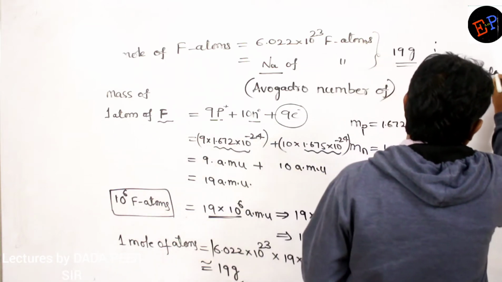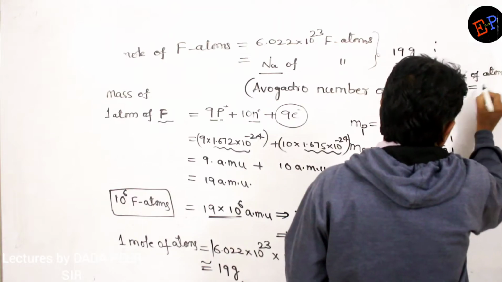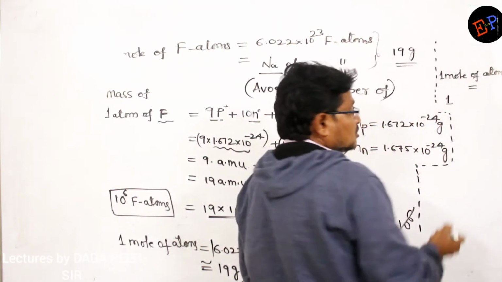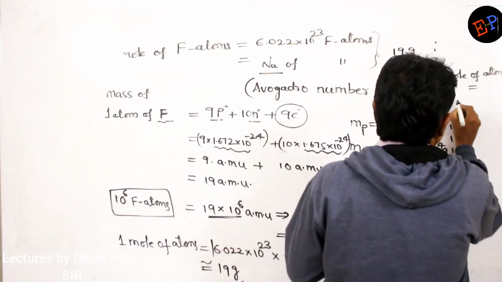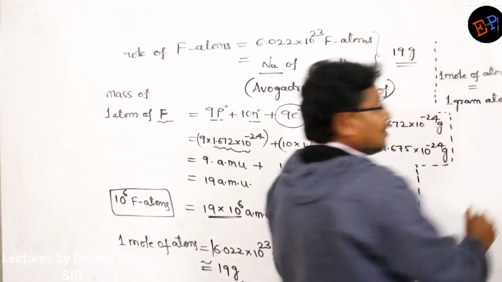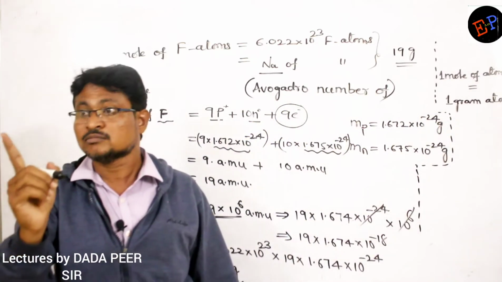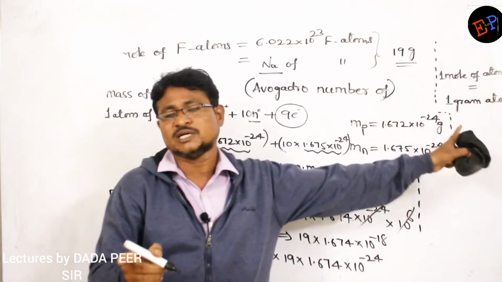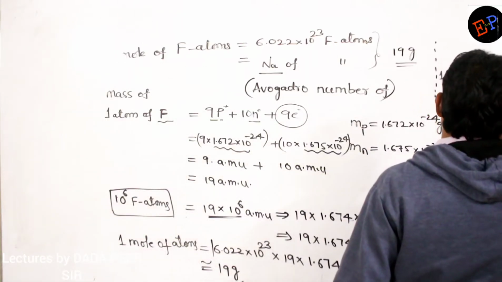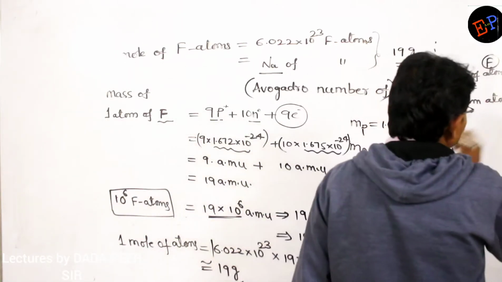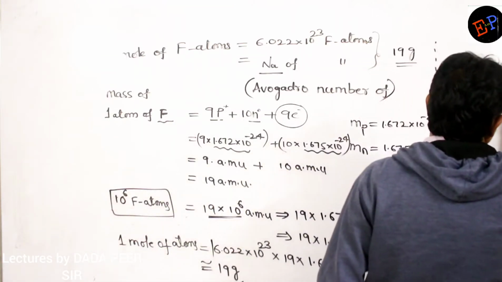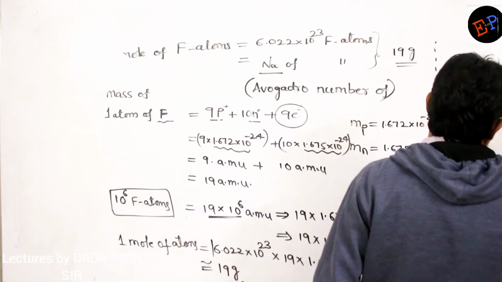1 mole of atoms is equal to 1 gram atom. This relation is very, very crucial. 1 mole of fluorine atoms is equal to 1 gram atom of fluorine.